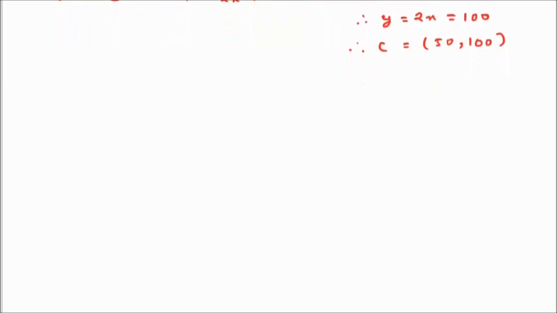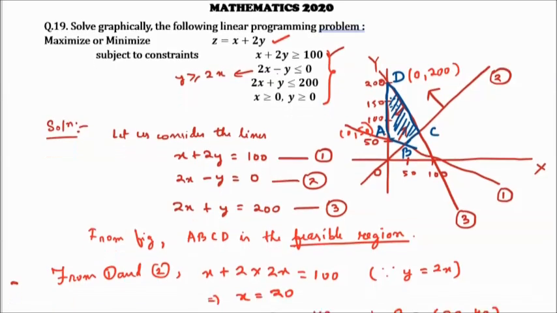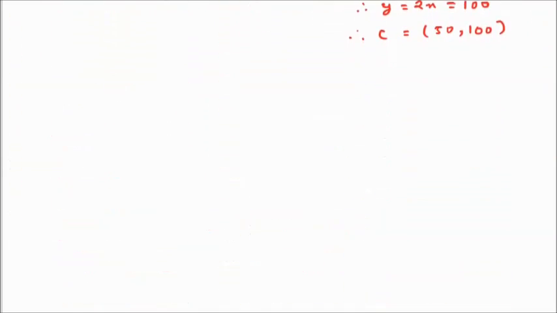Now let us find the value of our objective function z at these coordinates A, B, C and D. So at A, my coordinate is 0 and 50. Here my z will be 0 plus 100, so I get 100.